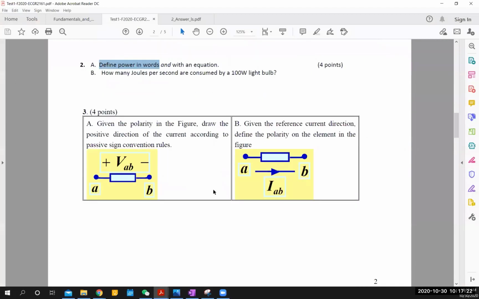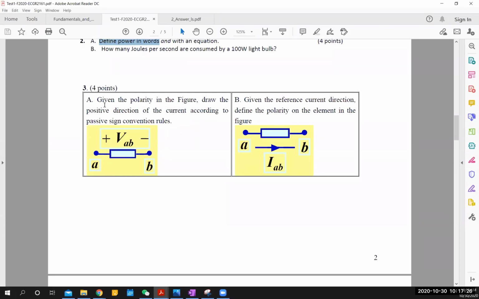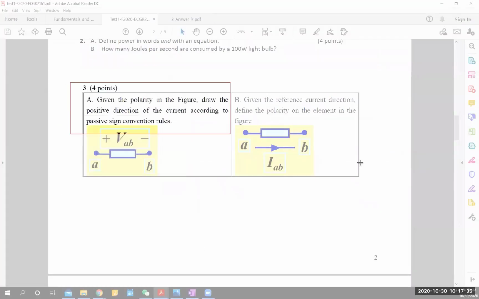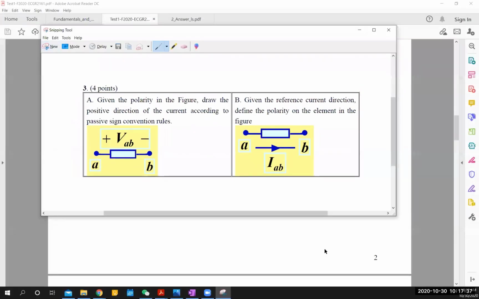Now for the next problem: given the polarity in the figure, draw the positive direction of current. I'll just snip this one in a new page.